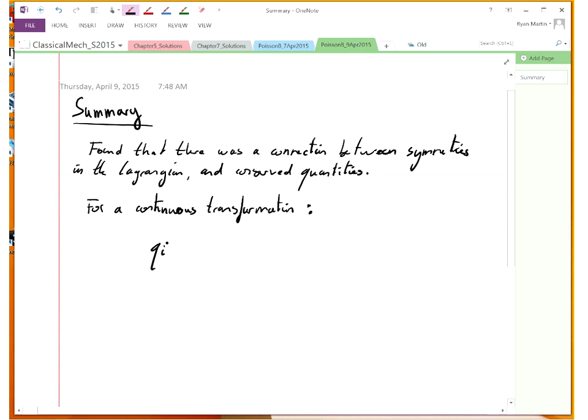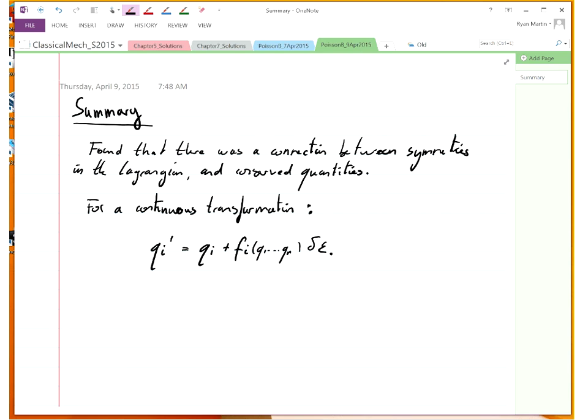You can write a continuous transformation by saying coordinate qi primed is the original coordinate qi plus some coefficient fi that could depend on the qi's times a small thing, delta epsilon.